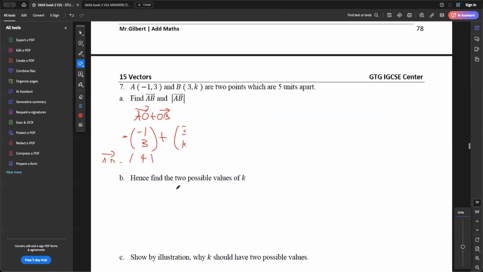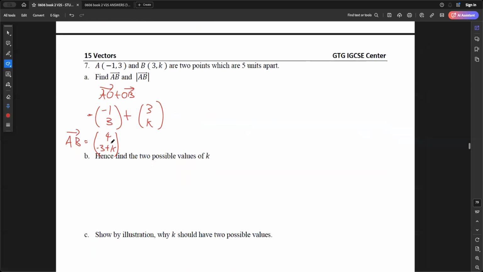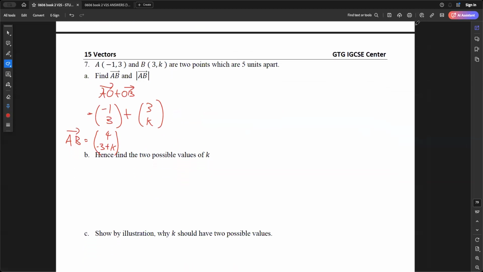You guys can see, you need to zoom in. Now, from here, the next part is hence find the 2 possible values of K. How do we find for K, given the information that we already have from the question?